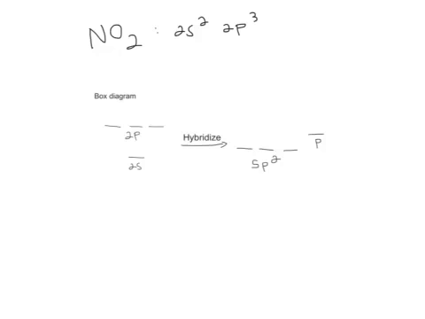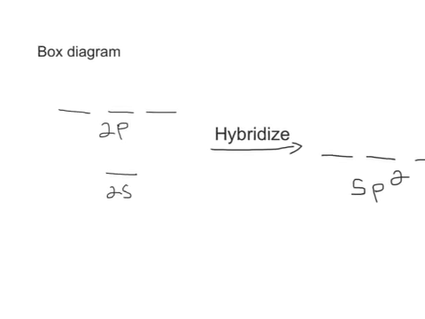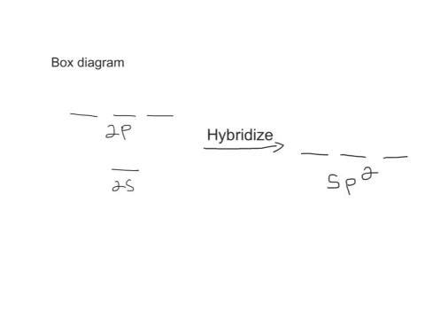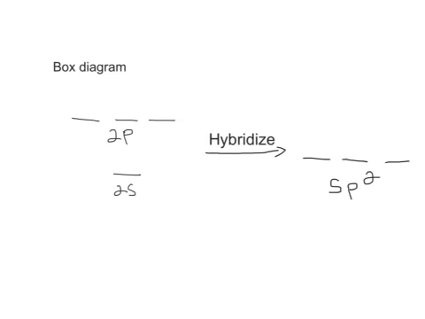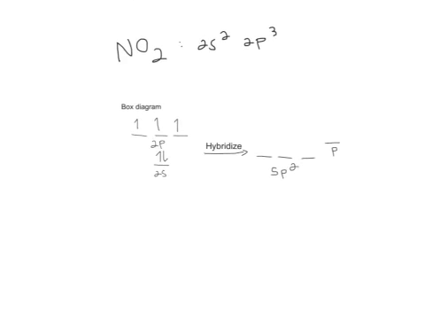So I'm just going to draw that. And then we have 1, 2, 3. So we have our 2s orbital filled, with 3 electrons in our 2p orbital.